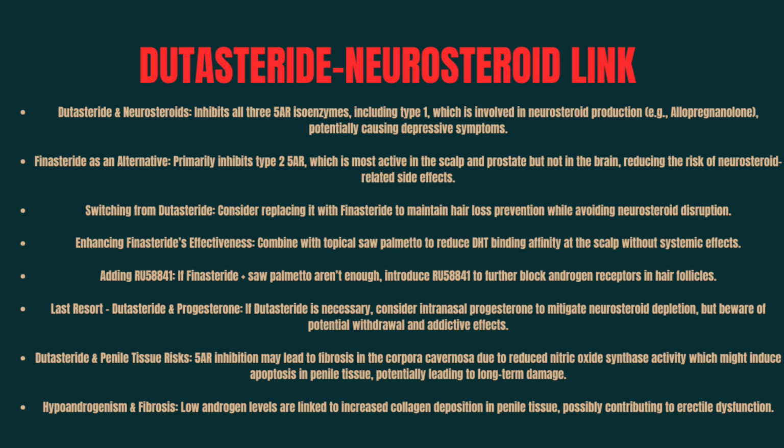So hypoandrogenism is when you have a lack of androgenetic activity, and there's been a study that 5-alpha reductase inhibition will cause localized hypoandrogenism within the penis of rats, and that will lead to apoptosis of certain cells within the penis of rats.